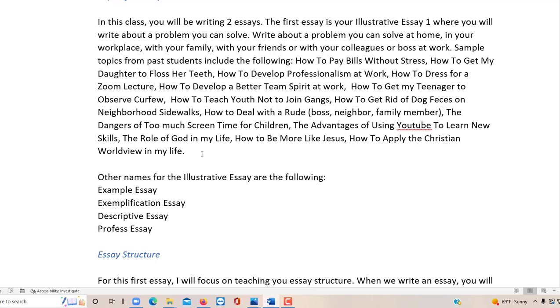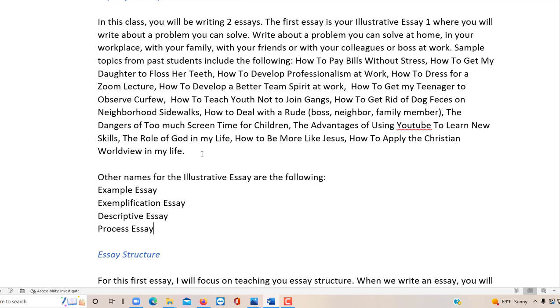So you can Google those names in order to find out more about what is an example essay, what is an exemplification essay, what is a descriptive essay, and what is a process essay.